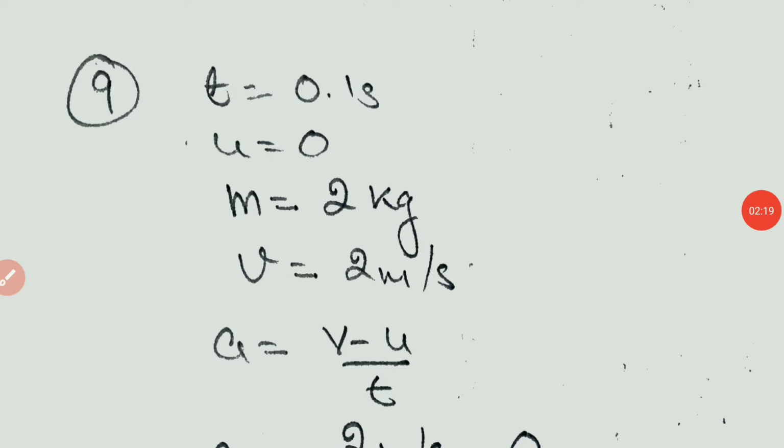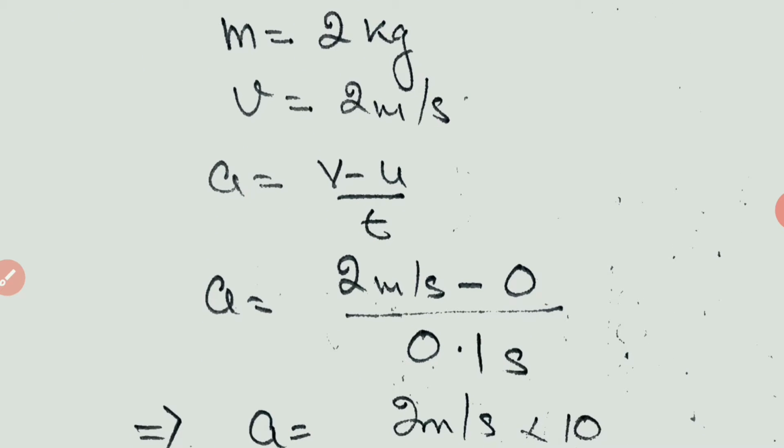We have come to the solution of number 9. Time given to us is 0.1 second. Initial velocity is 0. Mass is 2 kg, whereas the final velocity is 2 meter per second. Here we are supposed to find the force. So acceleration equals v minus u upon t, which is 2 meter per second minus 0 upon 0.1 second.